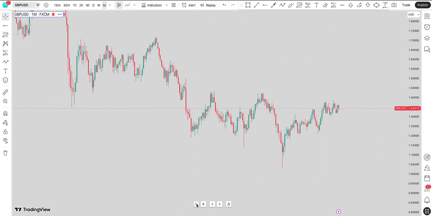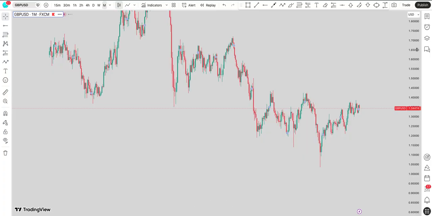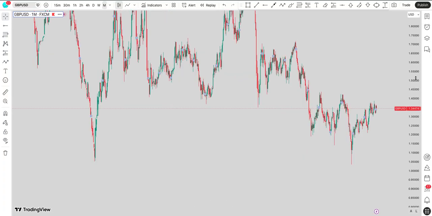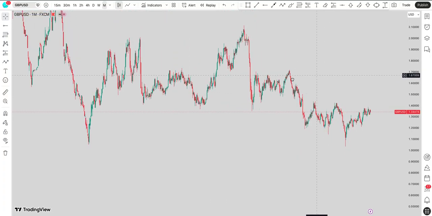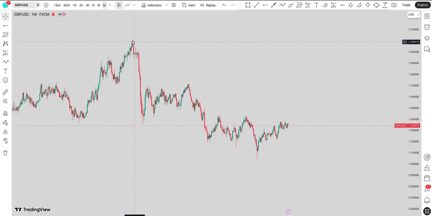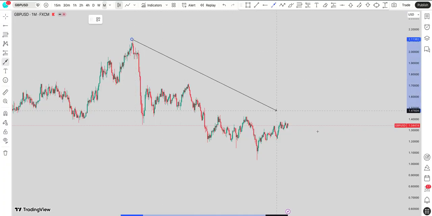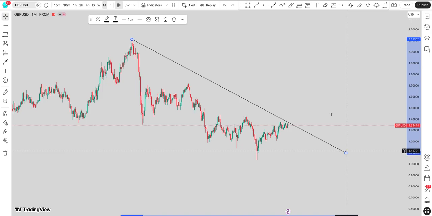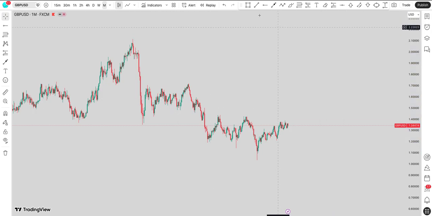Let me zoom out so you can see properly for those of you that don't understand. You can see that since 2007, GBP USD has been bearish. And how do I know that we have been bearish?